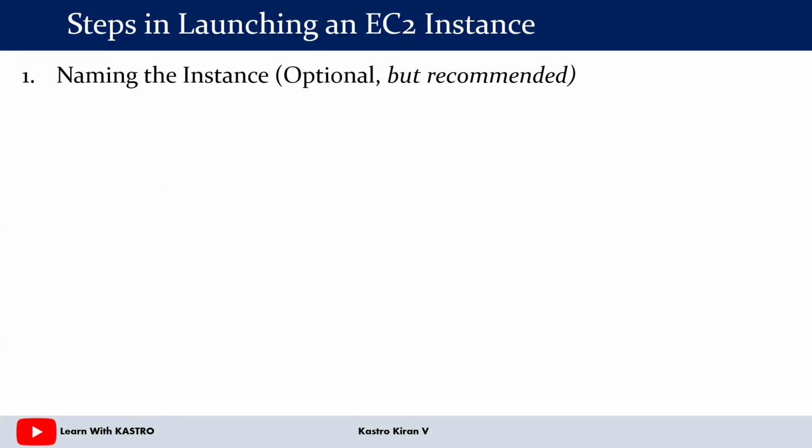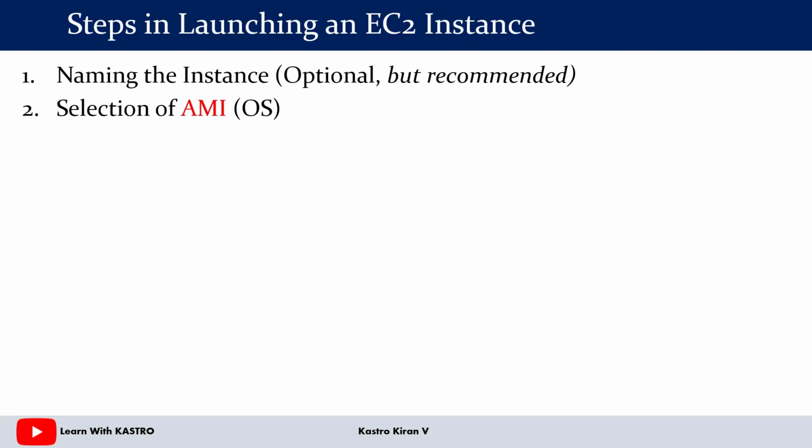Once we give the name to the EC2 instance, the next step is to select the AMI for the instance. AMI stands for Amazon Machine Image, where we select the operating system. Suppose, in this video, we are going to select the operating system as Linux.